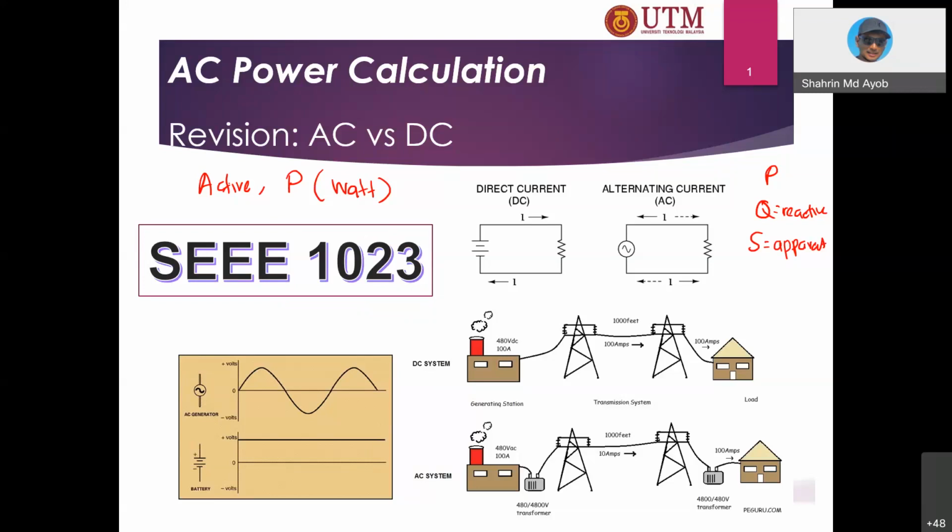These two groups argued with each other. For the DC group, the leader was Thomas Alva Edison, and the AC group was led by Nikola Tesla, who invented the induction motor. They argued in a scientific debate, and somehow the AC group won.